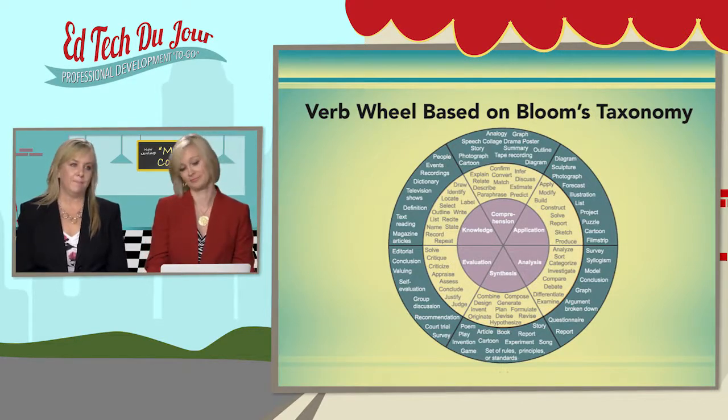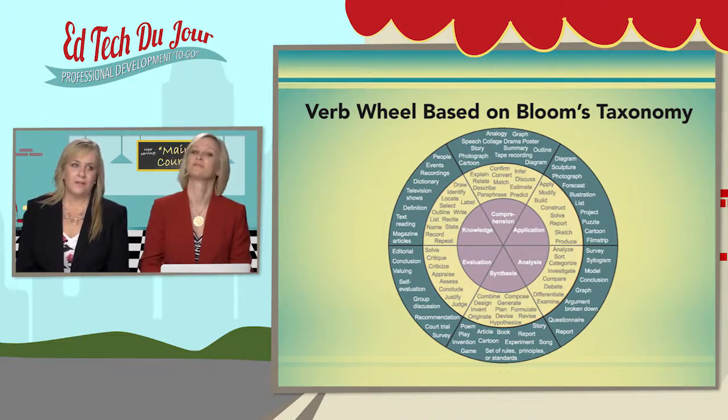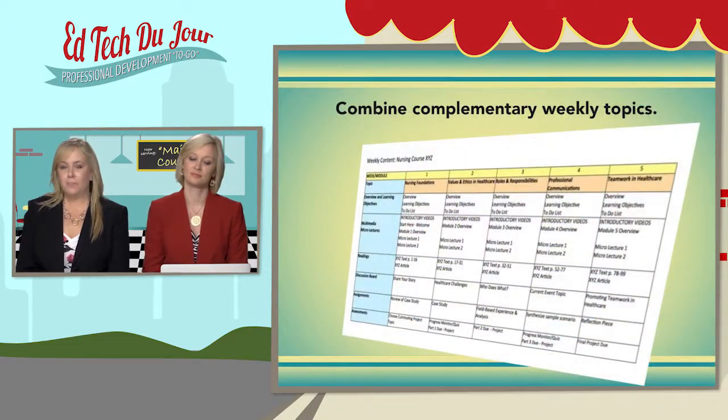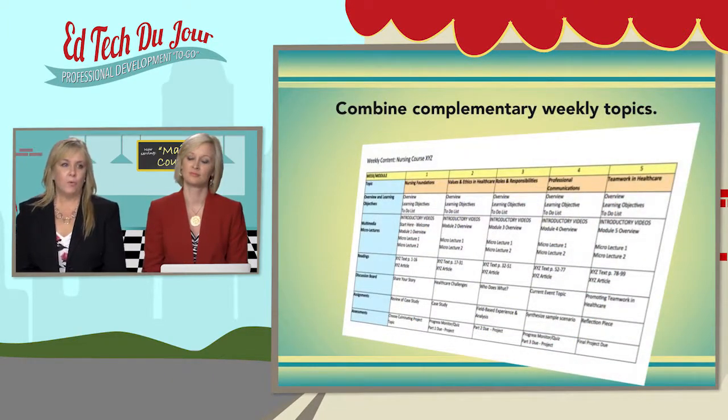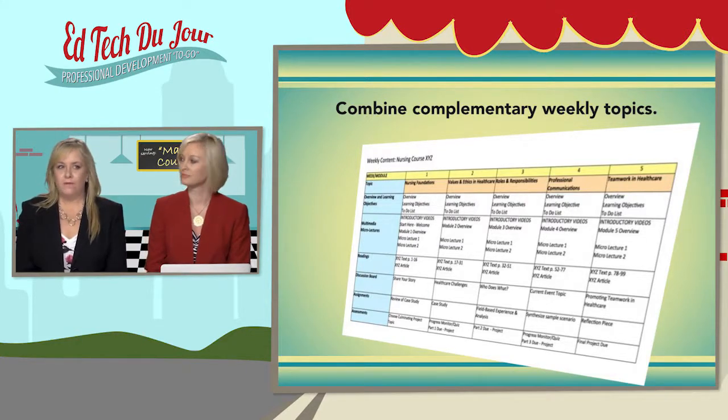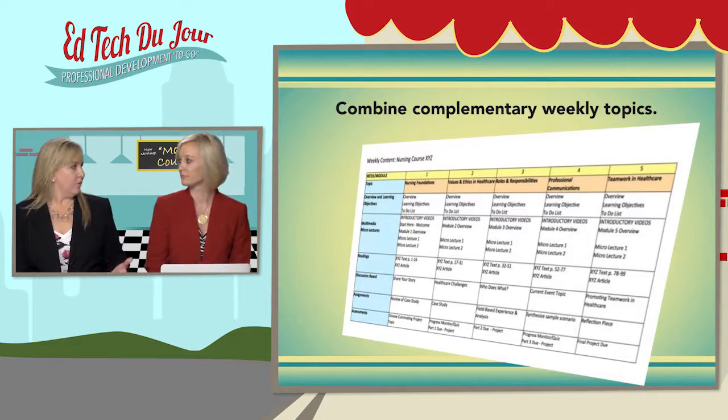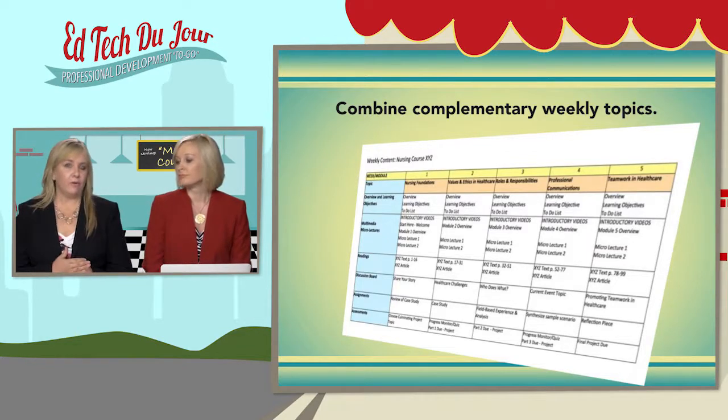That's a great point. And as we move on to the next step of combining complementary weekly topics, when you look at this course map, one of the great values of using something like a course map or a visual aid is that you can do what you said. As you lay out your objectives, you're looking at the different levels of the order of thinking.